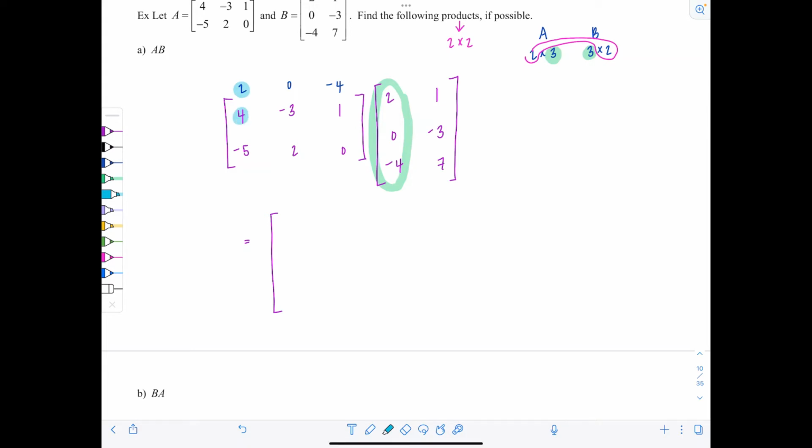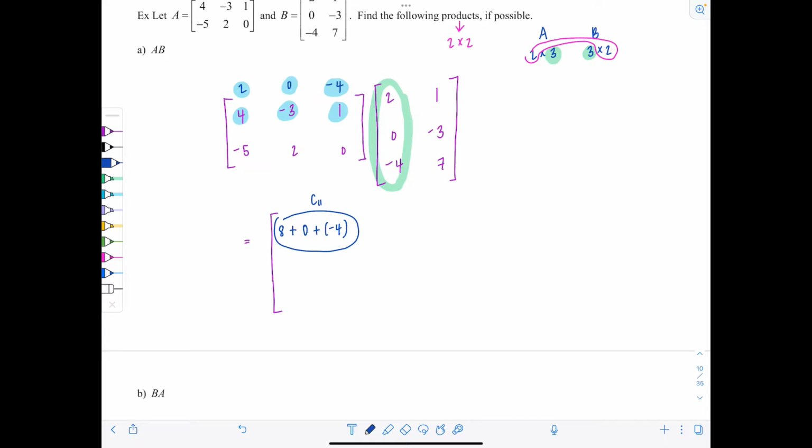So you take 2 times 4, that's 8, plus, just keep adding these corresponding products, 0 times -3, that's 0, plus -4 times 1. That's the first entry. This is my new C11, because it's the product.